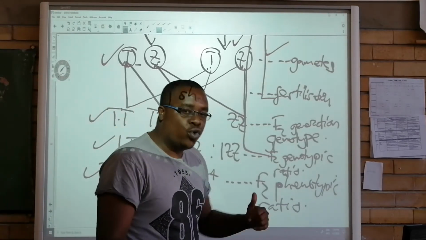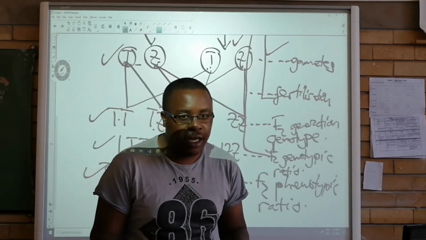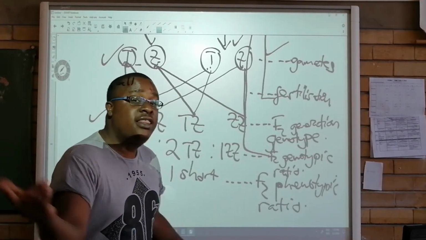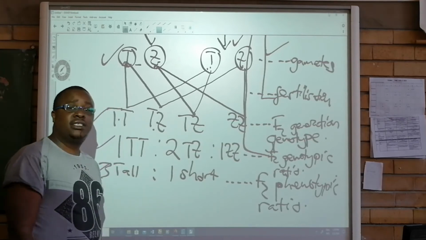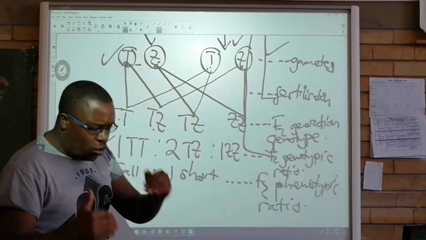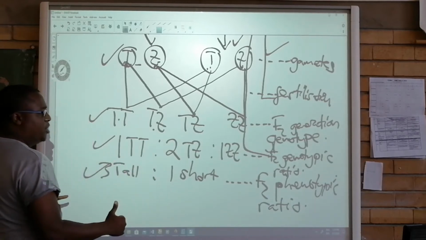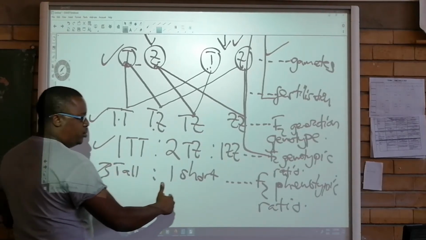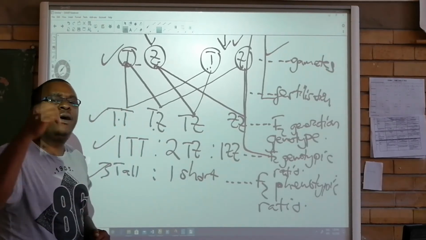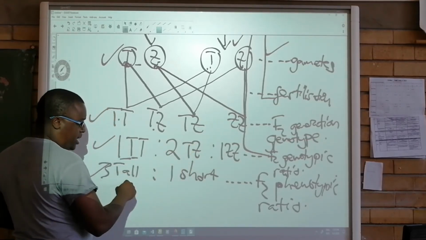Can we do the same cross, but this time let's use a Punnett square? Walk with me. Before I go to the Punnett square, this is complete dominance. Why am I saying that? Because look at the phenotypic ratio: 3 are tall to 1 short. Why do we have 3 tall in our phenotype? This one here is clearly going to be tall.